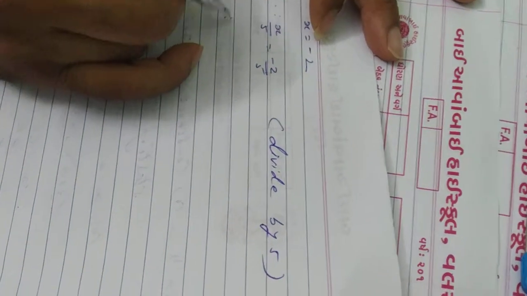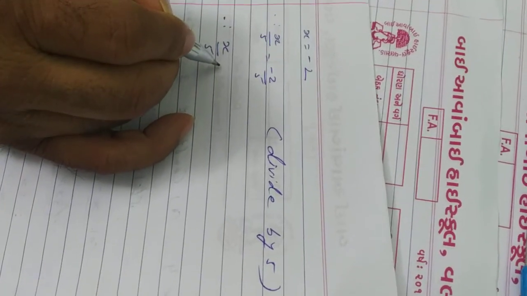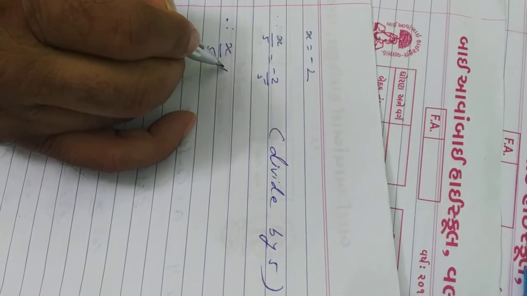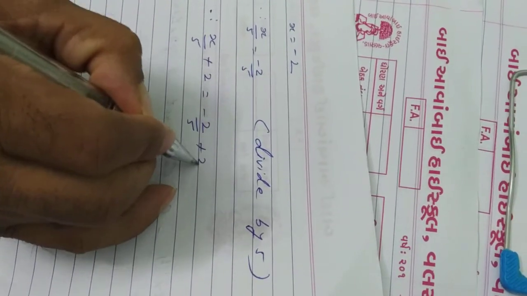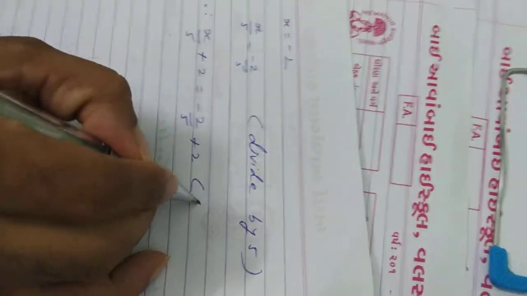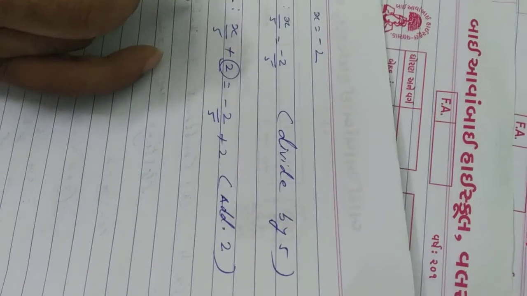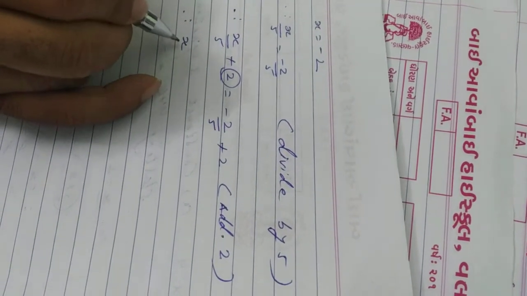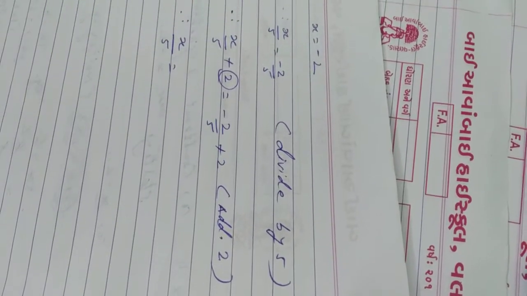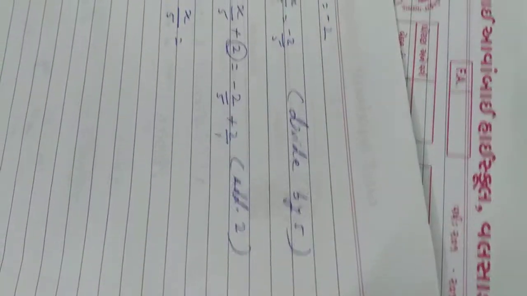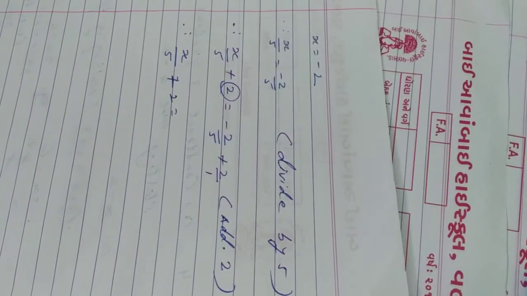Now let's simplify. X upon 5 plus 2 is equal to minus 2 upon 5 plus 2. In it what we had done? Add 2, right, both the sides. Now take LCM.